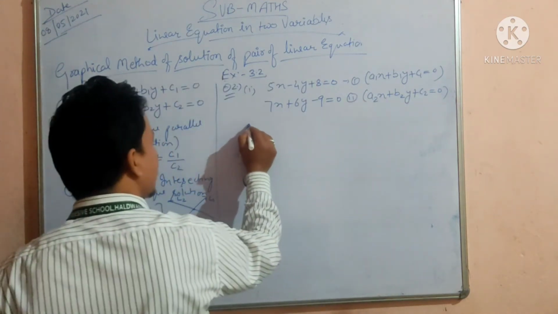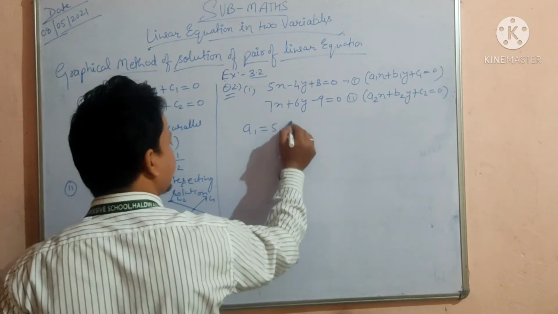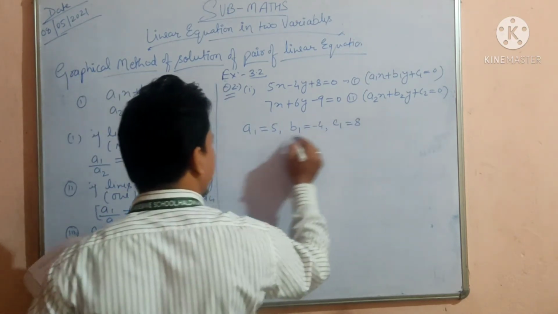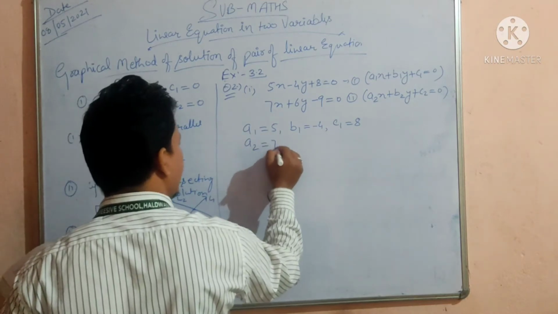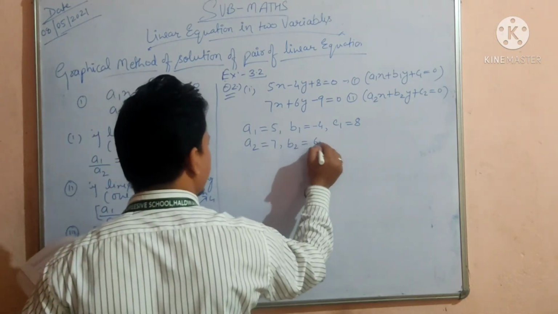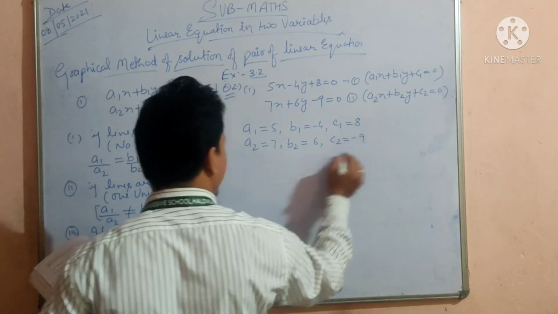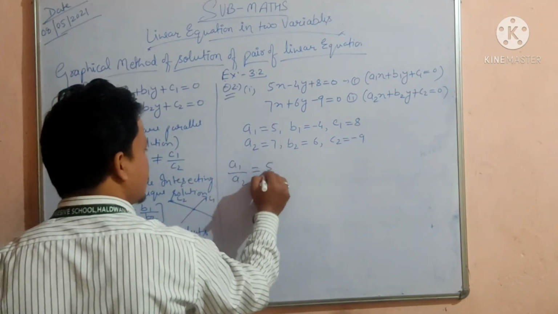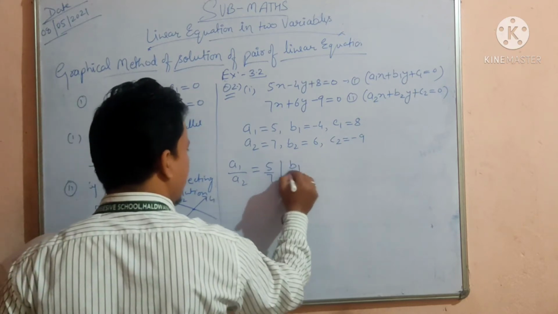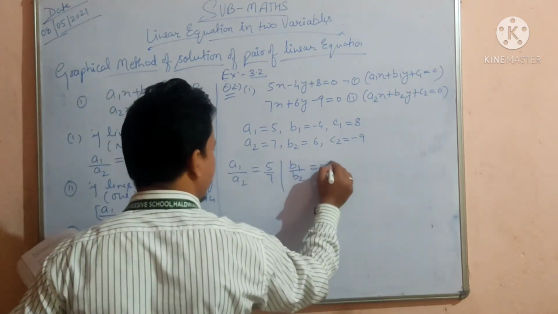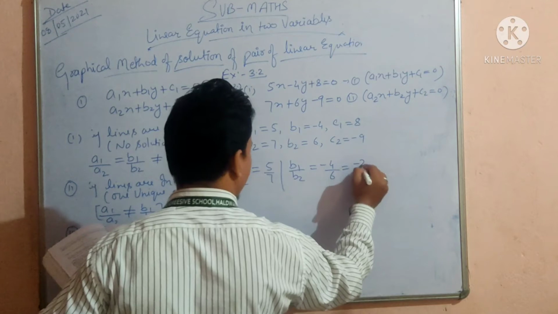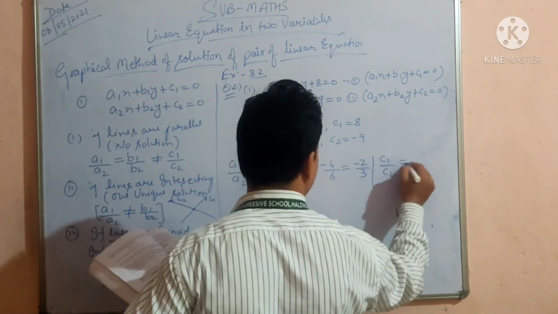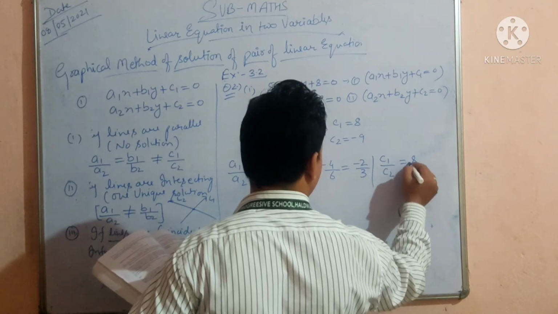On comparing we get a1 is equal to 5, b1 is equal to minus 4, c1 is equal to 8. And here a2 is equal to 7, b2 is equal to 6, c2 is equal to minus 9. Now taking the ratios, a1 upon a2 will be 5 upon 7, b1 upon b2 will be minus 4 upon 6, that is minus 2 upon 3, and c1 upon c2 will be 8 upon 9 with a negative sign.